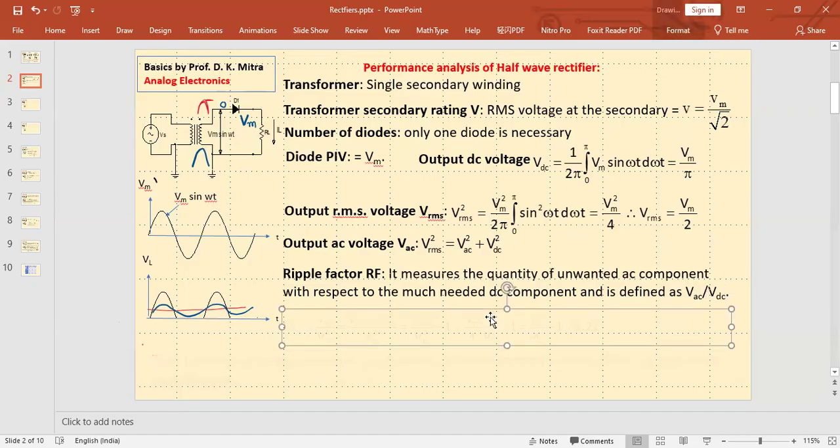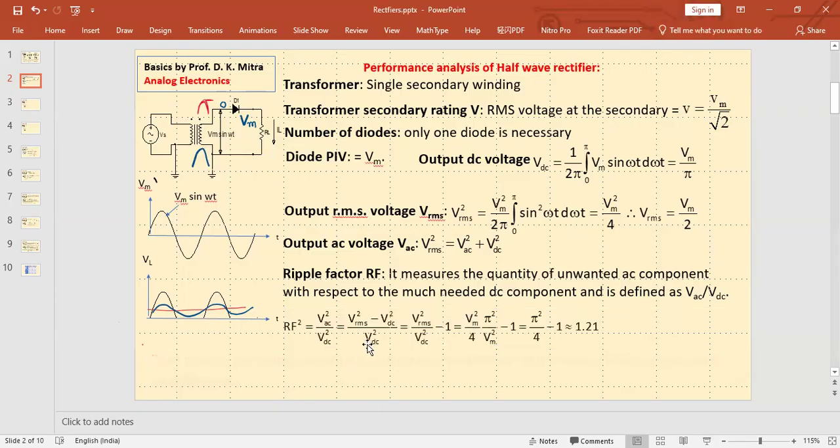And what is this ripple factor? You can find it out. Ripple factor is VAC by VDC. We have seen it here, right? So ripple factor square is VAC square by VDC square. And here we got VAC square is Vrms square minus VDC square. You put this divided by VDC square.